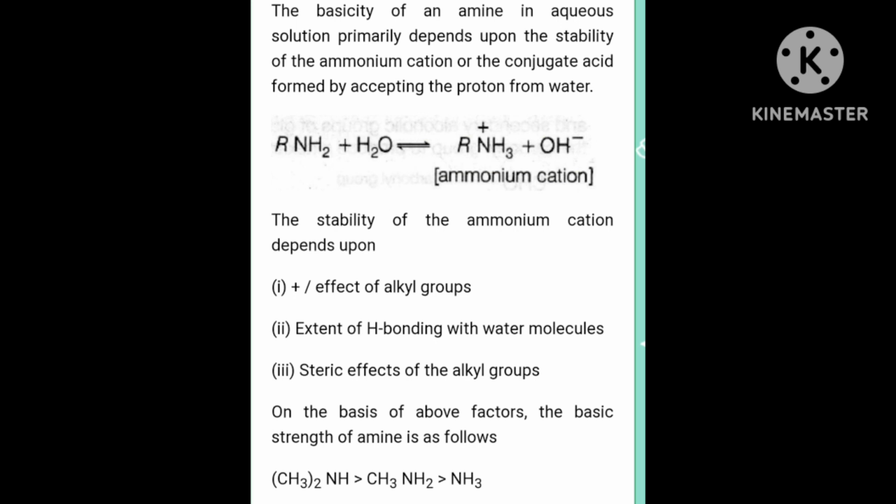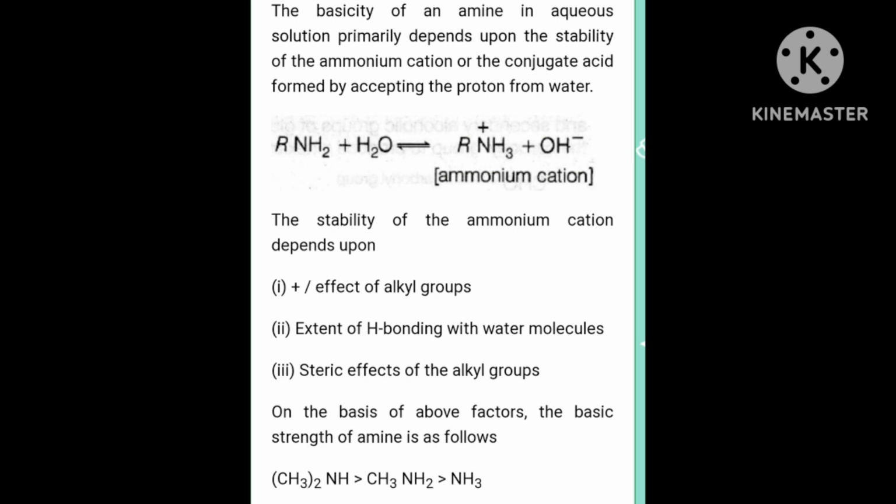Okay, other proof. The reaction of amines with mineral acid, that is acid only, and it will form salt, it will form ammonium salt. This shows that these are basic in nature. Amines have an unshared pair of electrons on nitrogen atom, due to which they behave as a Lewis base.